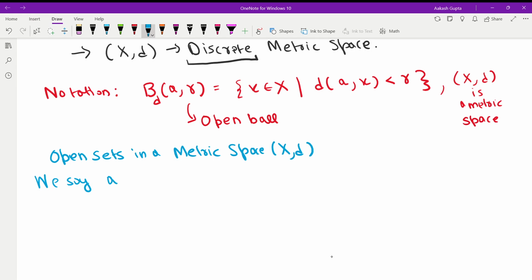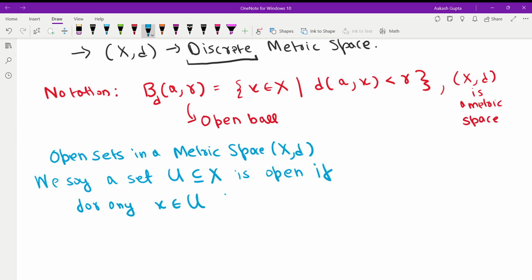We say a set U contained in capital X is open if, what should be the condition? If, let me write down, for any X in U, there exists a real number bigger than 0.